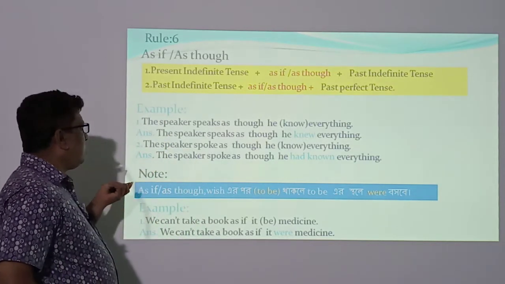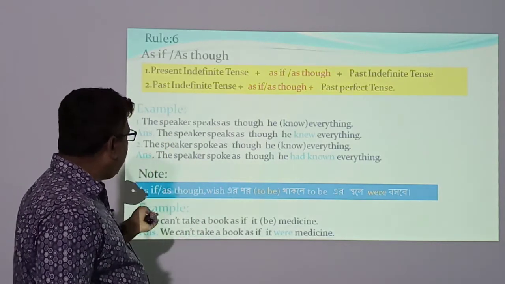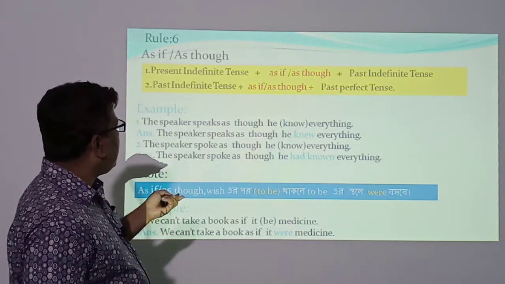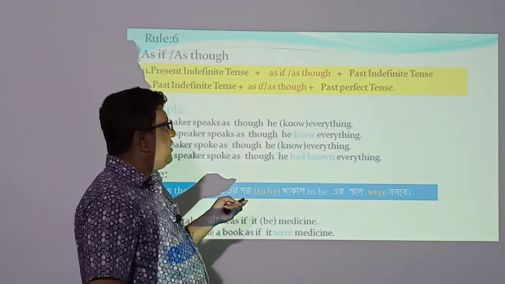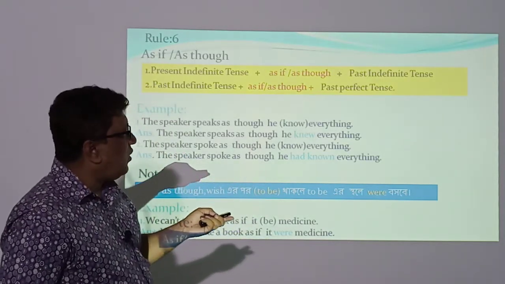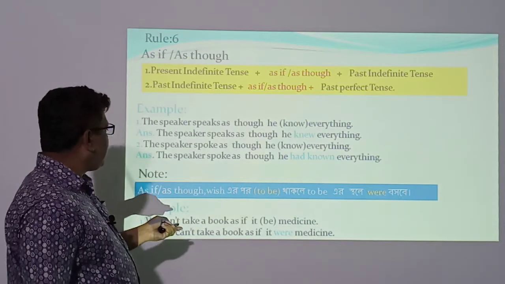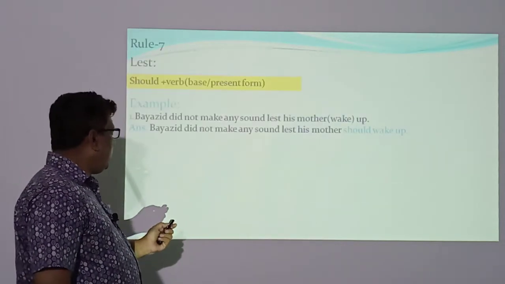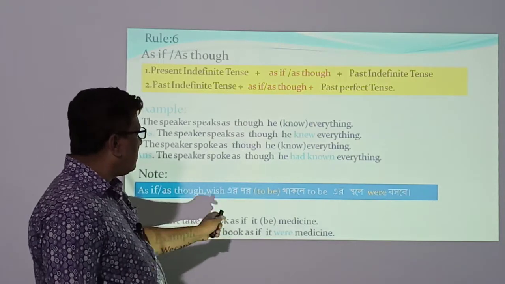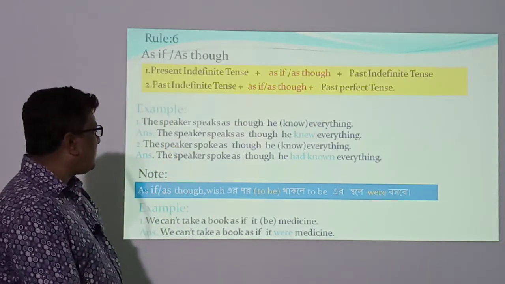A note to remember: if as if, as though, or wish are followed by the second form of the be verb, then it will be "were." We can't take a book as if it (be) medicine.